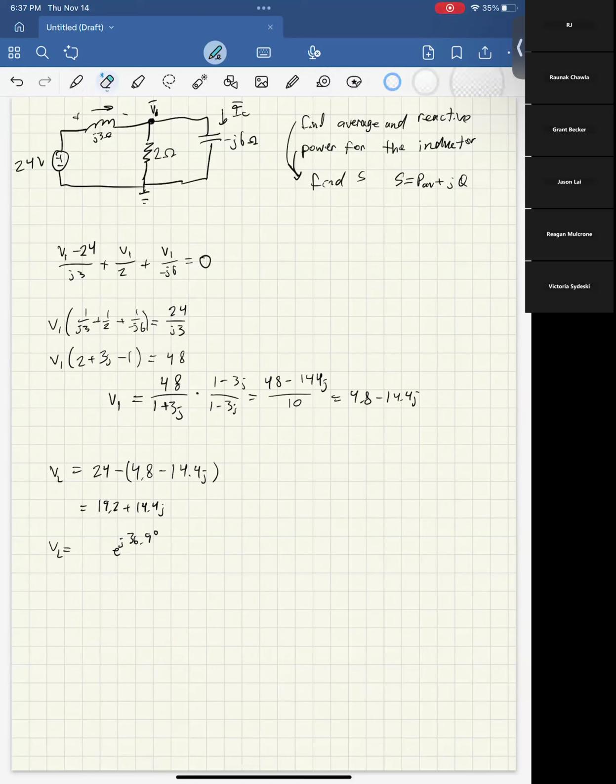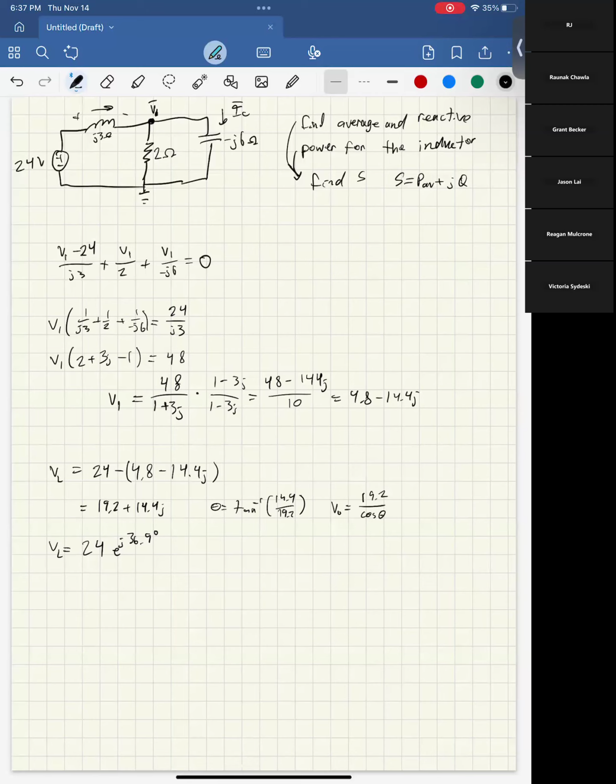So it's theta equals tan inverse of 14.4 over 19.2, and then V naught equals 19.2 over cosine of theta. So then you get that.